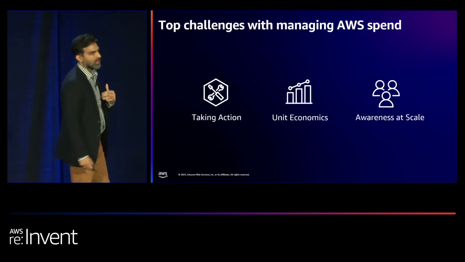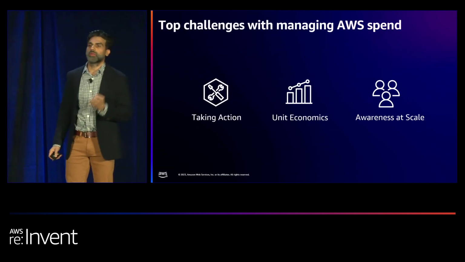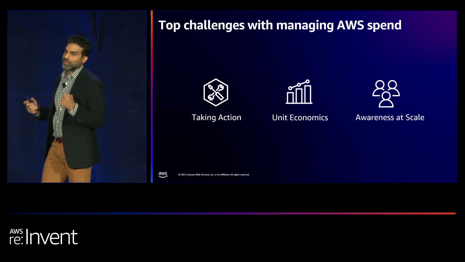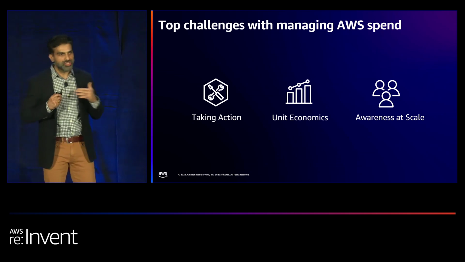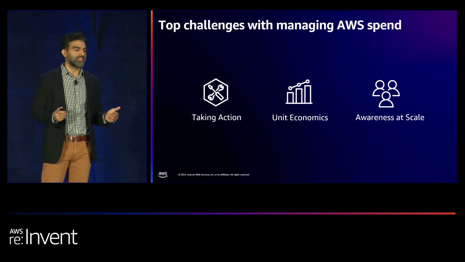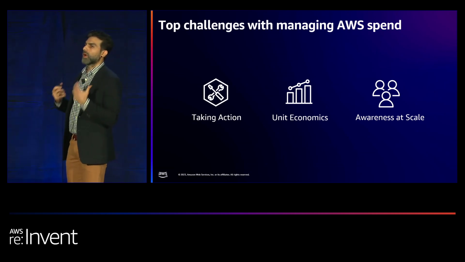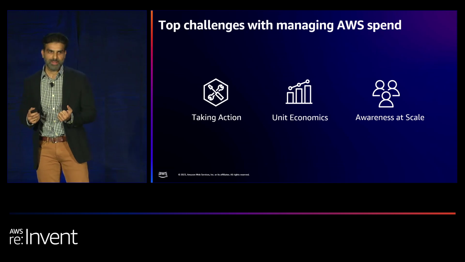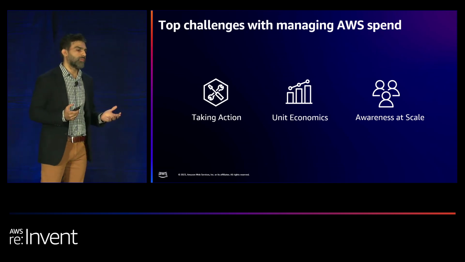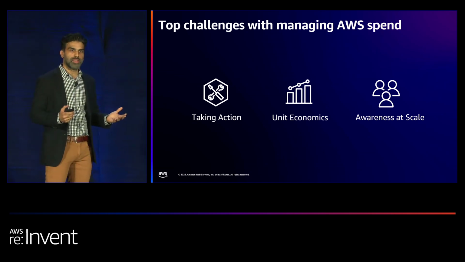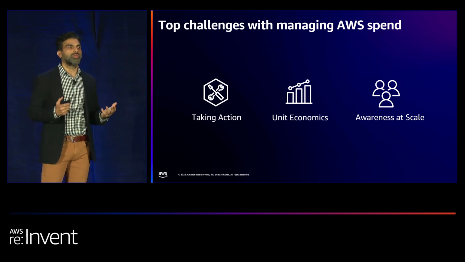So when we talk to customers about the top challenges they're facing with regards to managing AWS cost, we hear three things. The first is, my engineering teams are super busy. How do I get them to take action? How do I empower them to take action? The second pain point we hear, and this is more from the business users, is how do I get to the unit economics?